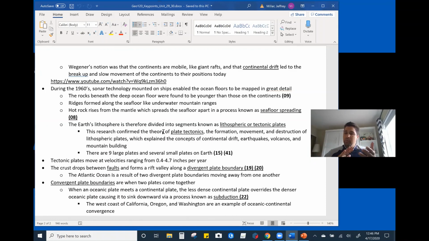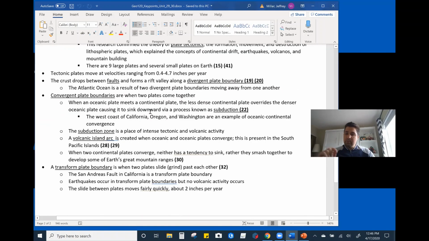They correlate with one another, one explains the other, both back and forth. Other plate boundaries that are important to know are convergent plate boundaries and transform plate boundaries. You've got to know the 3 plate boundaries. Those are absolutely key to understanding this particular topic and section of the class.